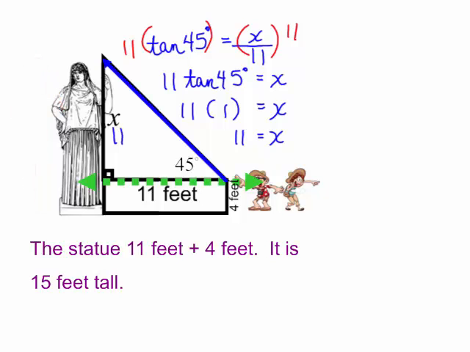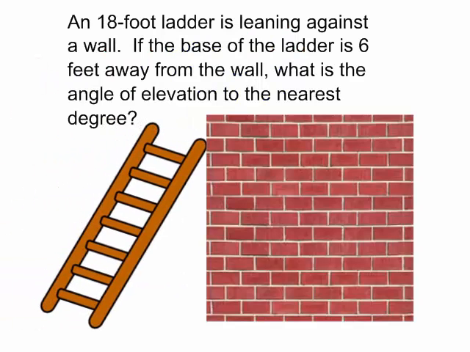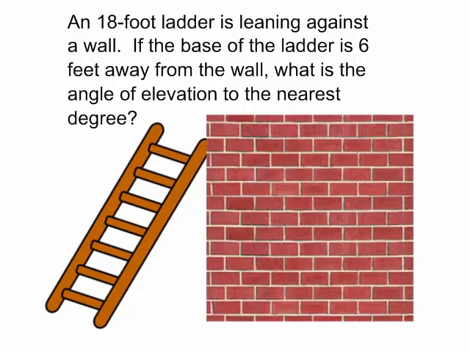Let's try one more. An 18-foot ladder is leaning against a wall. If the base of the ladder is 6 feet away from the wall, what is the angle of elevation to the nearest degree? Once again, it looks like I can represent this as a right triangle.